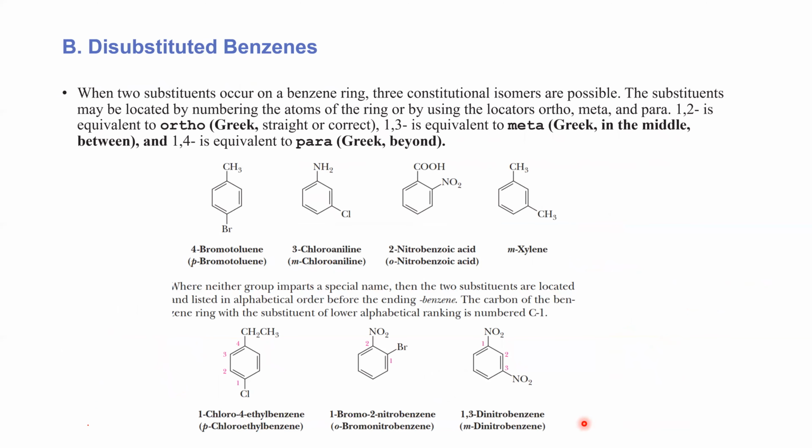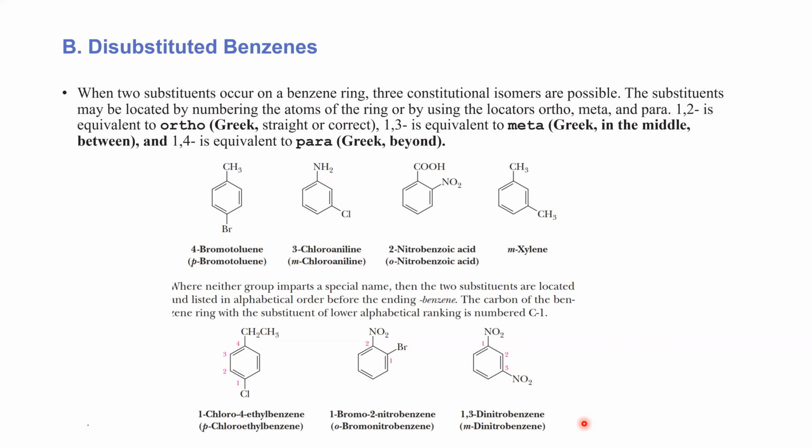Now the next is the disubstituted benzene. When two substituents occur on a benzene ring, three constitutional isomers are possible. The substituents may be located by numbering the atoms of the ring, or by using the locators ortho, meta, and para. Both are equally important and usable in naming arenes and benzene compounds.